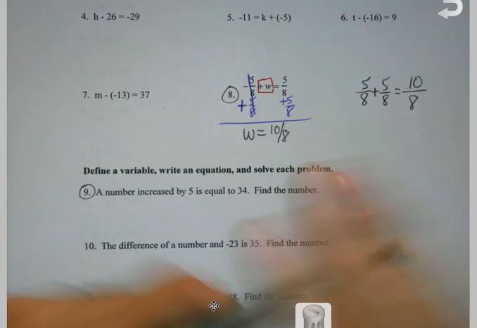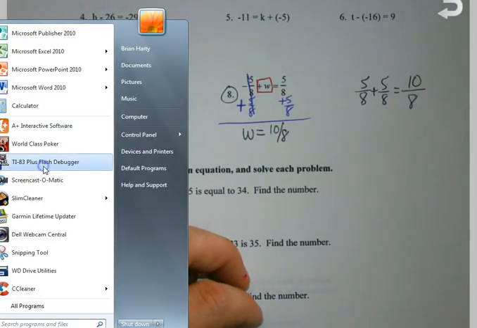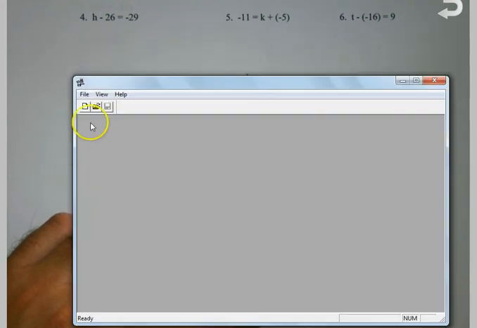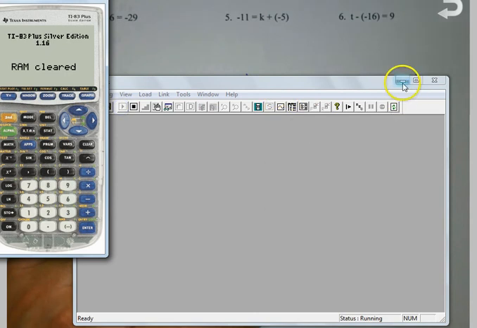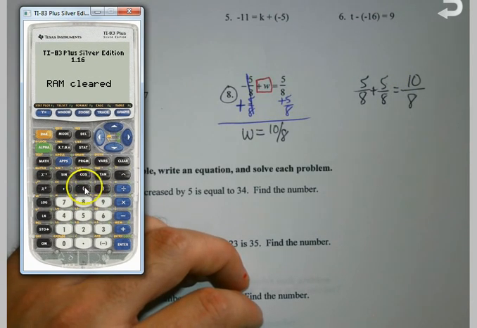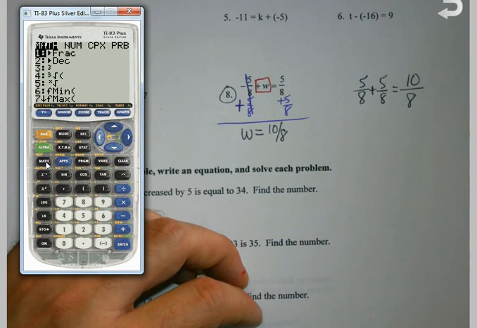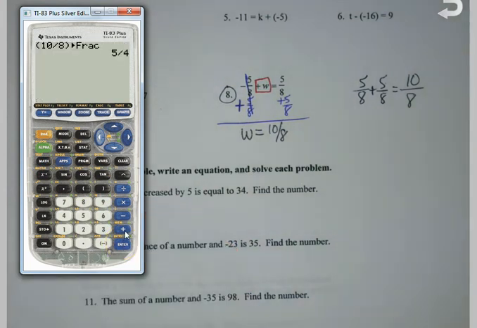Now, if you left it that way, it's pretty much right, but it's not perfect. You're like, oh, so what's perfect going to be? Well, here's how we're going to do perfect. We're going to let the calculator help us finish this off. 10 over 8. All right, let's see here. 10 divided by 8. If you want to see if it reduces any further, we just hit math and enter twice.